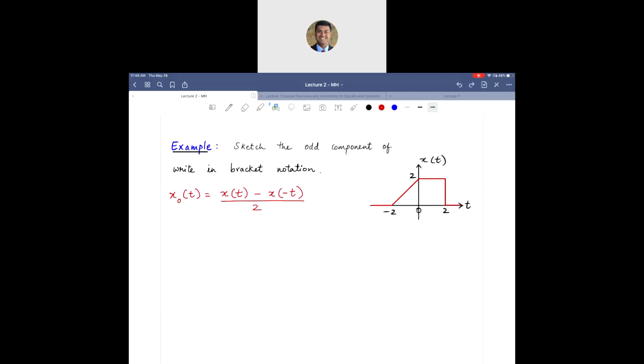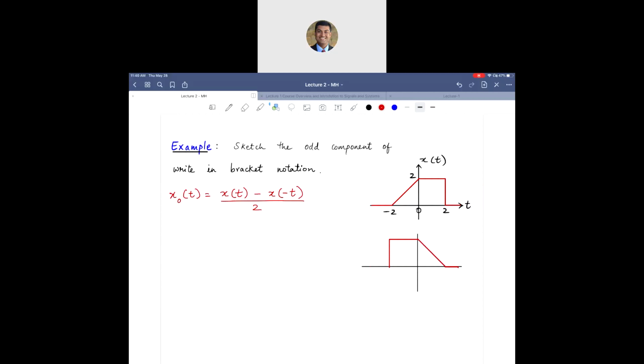So for that, what I'll do is I will quickly sketch up that. So x of minus t is going to be what? It is going to be the flip about the y-axis. So I will have this guy over here. So this will flip to this and this.